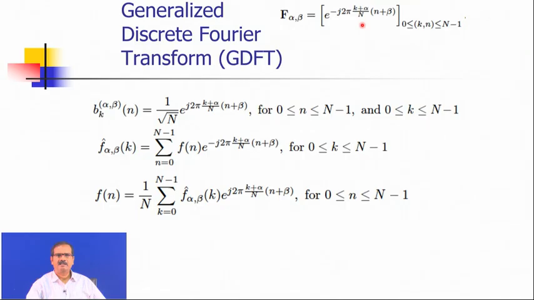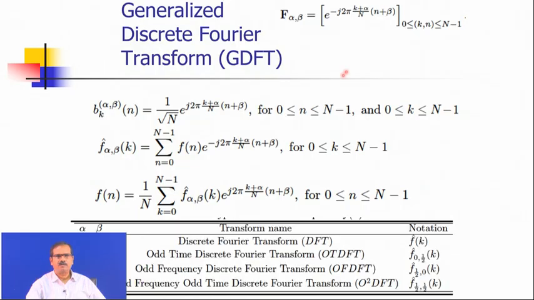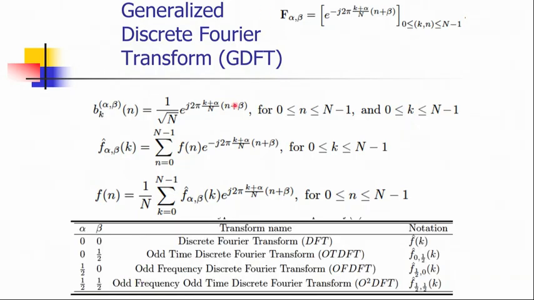Here the elements, as you can see, retain similar expressions, only there are parameters alpha and beta which give you a different set of transformation matrices. There are some popular transformation matrices. A special value of alpha equal to 0 and beta equal to 0 gives you the discrete Fourier transform we discussed earlier.